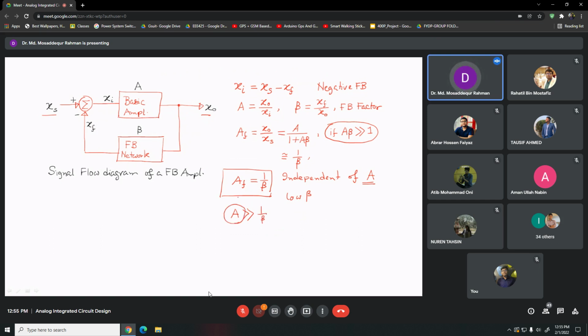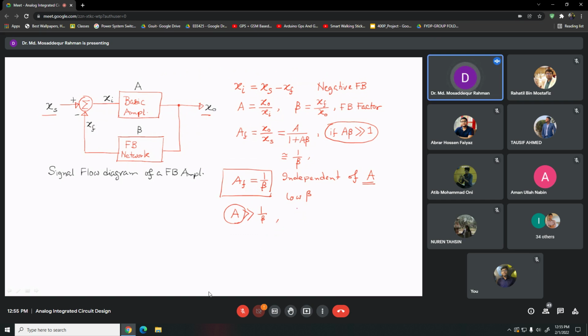So the basic amplifier needs to satisfy the condition that it should have a very high gain. The higher the gain, the more precise will be the overall gain of the amplifier.